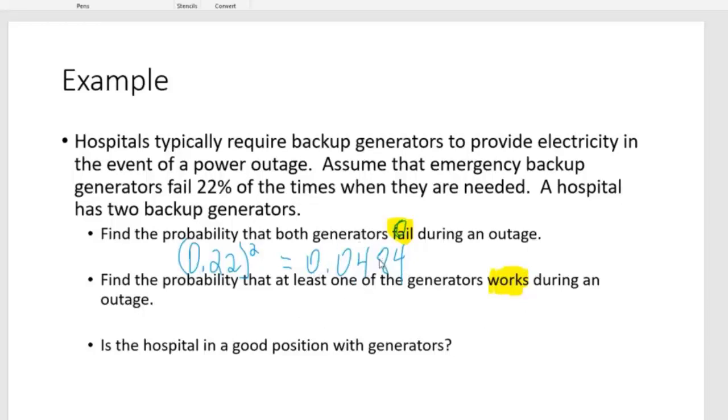If they don't both fail, then at least one works. So that means I can do 1 minus the probability that they both failed. Those are complements.